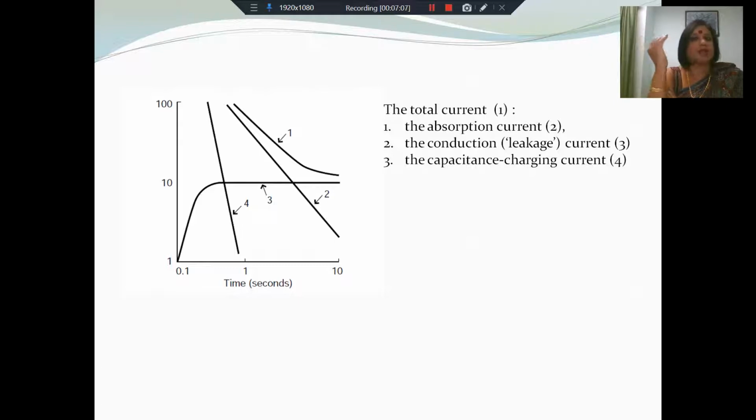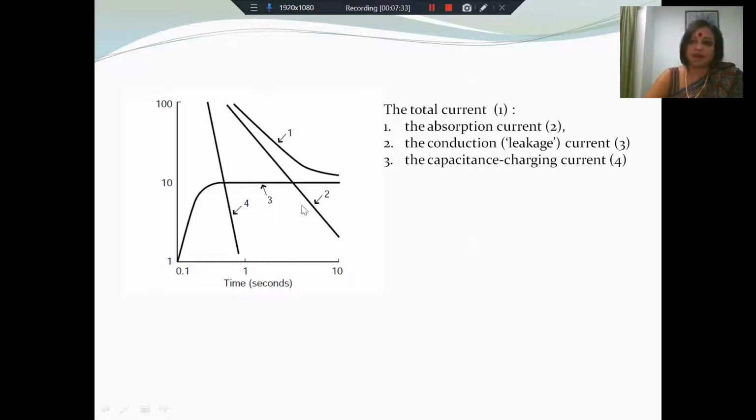And once polarization is complete, this current will die out. I will discuss polarization currents in greater detail a little later in the lecture, but let us just work with the idea that this current denotes the absorption current, which is high at the beginning and ultimately goes down to a very small value. In fact, given sufficient time, it should go down to 0, but that may not happen in very short times.